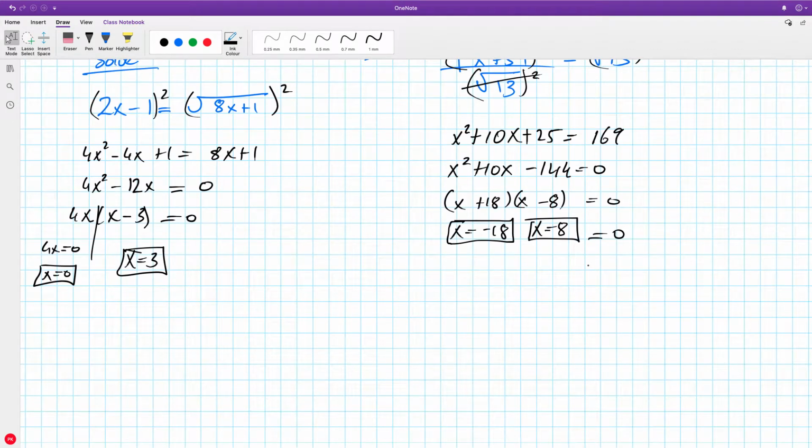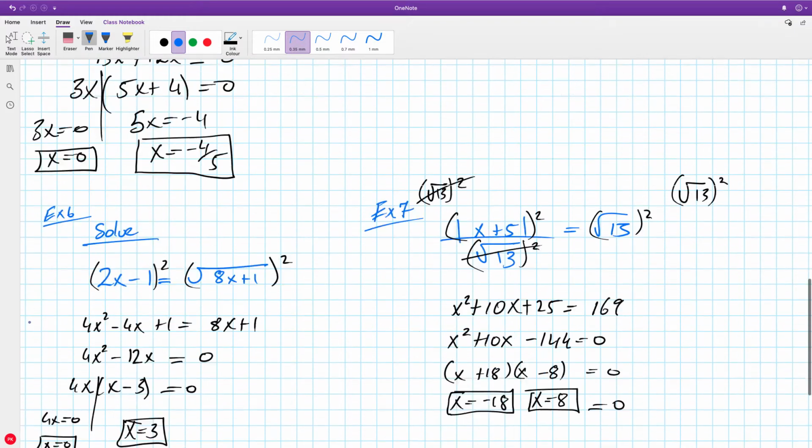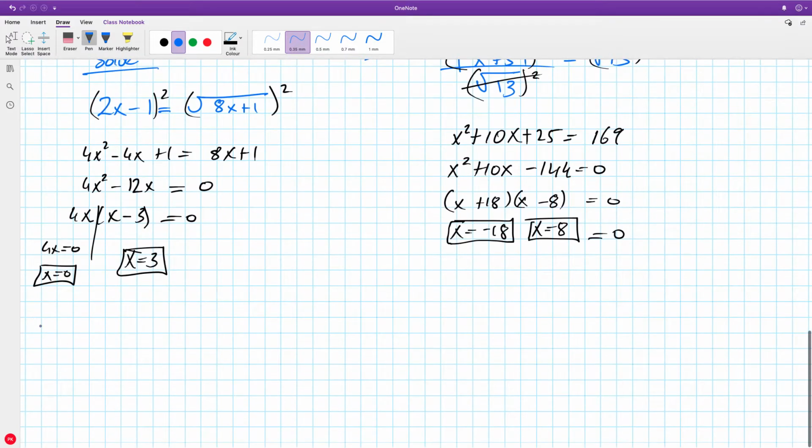Something similar again. Inequalities. Solve the following and graph.